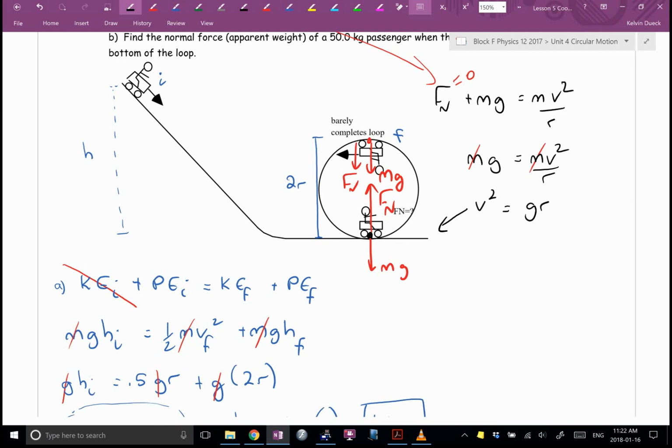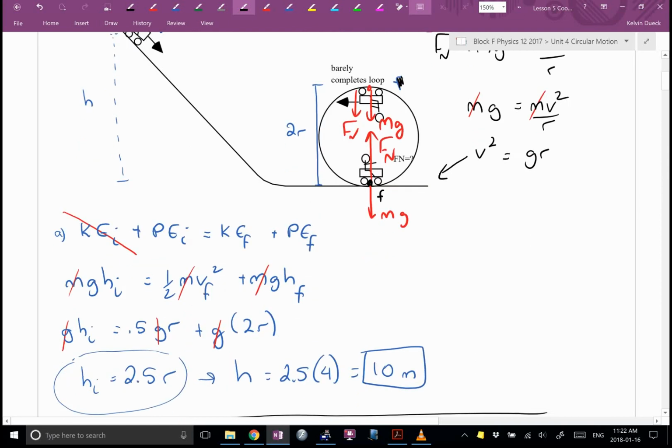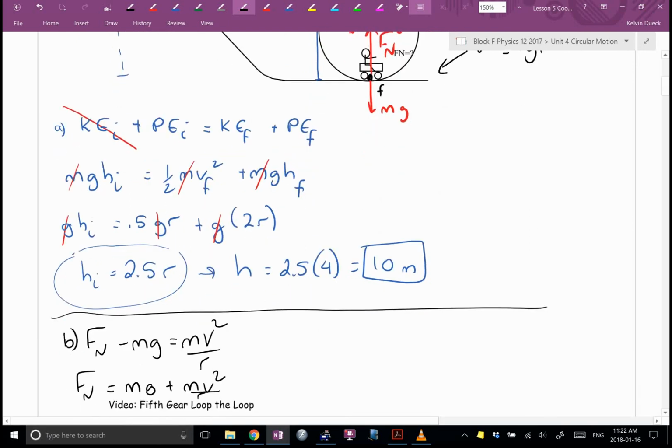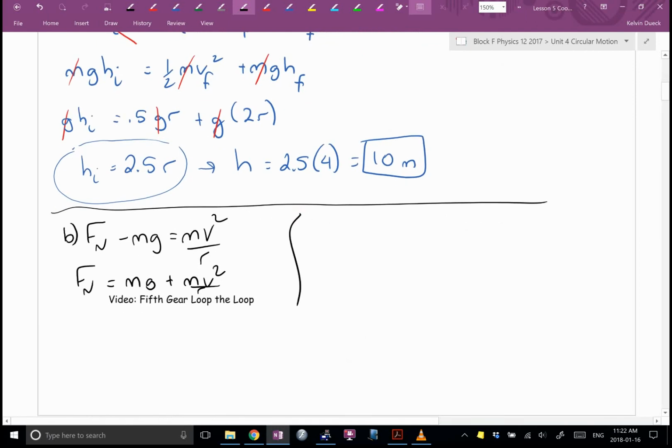What I'm going to do, and you can all do this as well, is scribble out the F right there. That's going to be my final now, right before I hit the loop, because that'll be the same speed as right when I come back to the bottom of the loop, because whatever energy I lost going through the loop, I would have gained coming back down. With me? So draw a little line like this.